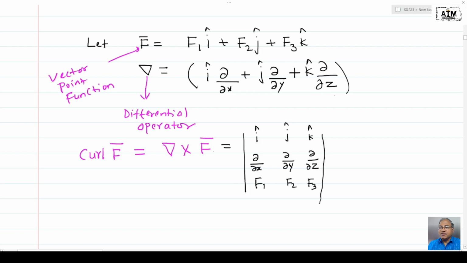So this is the formula to find the curl of f.